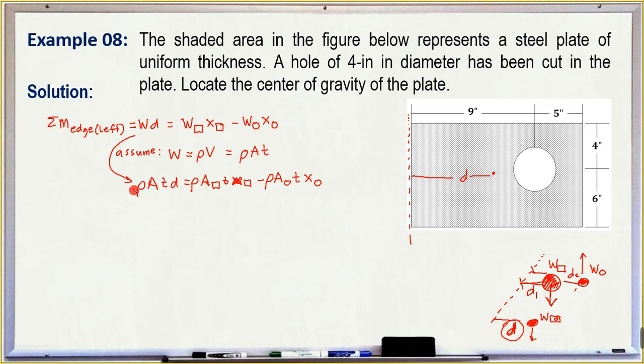Now, makancel ani. We have the density and thickness. So what's left is ang area anang plate nga nabuho times the distance equals area sa rectangle nga wala pay buho times centroid niya, minus ang area sa circle times iyahang centroid.